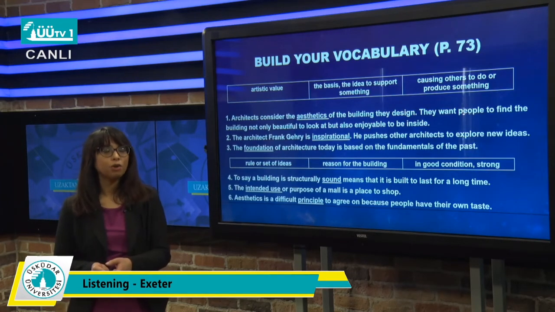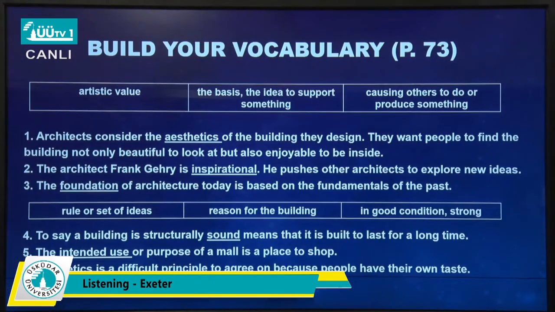Now, most of the time I use this vocabulary to explain the topic of the lesson. The first one, aesthetics, as you know, means artistic value. But we're going to have a look at how you use these words in sentences.